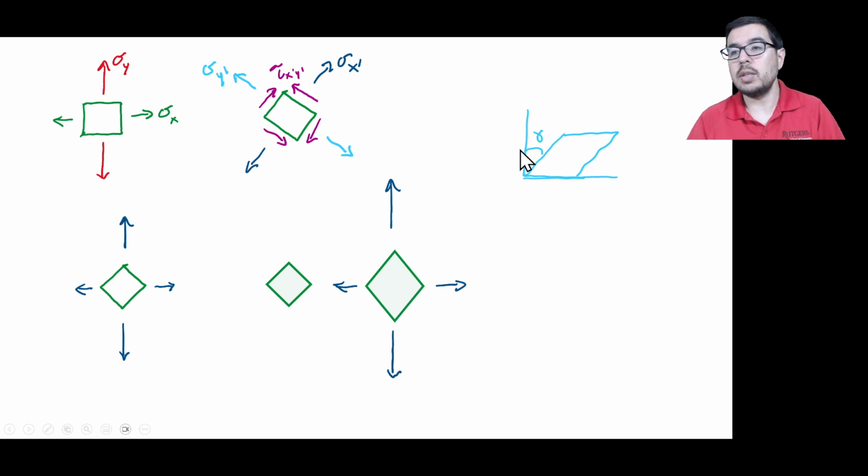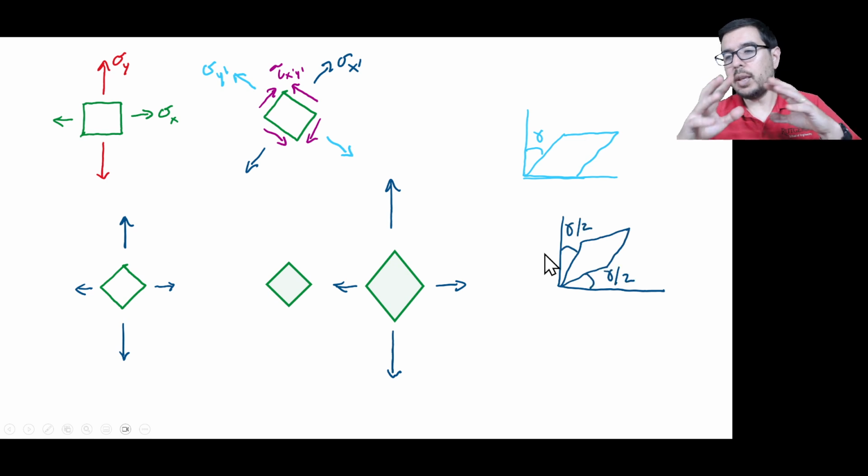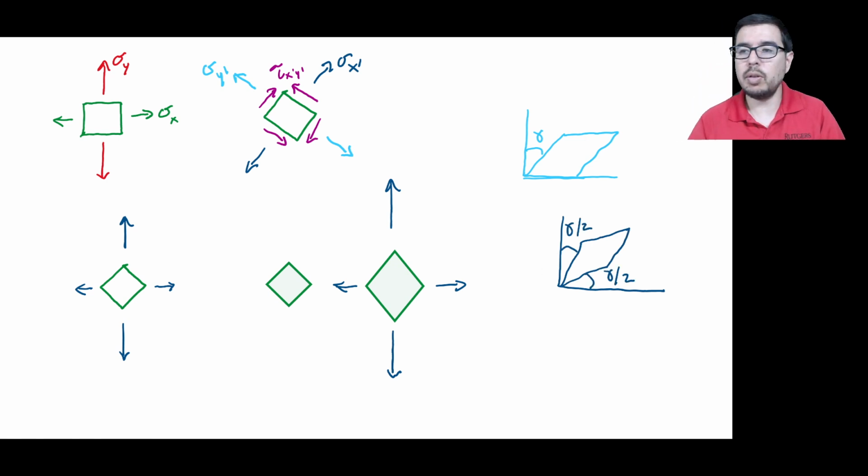And the shear strain is this angle up here. And we also said a more rigorous treatment would look at it more as gamma over 2 and gamma over 2, and then you have this acute angle in this left corner. Okay, and this is the result of pure shear.